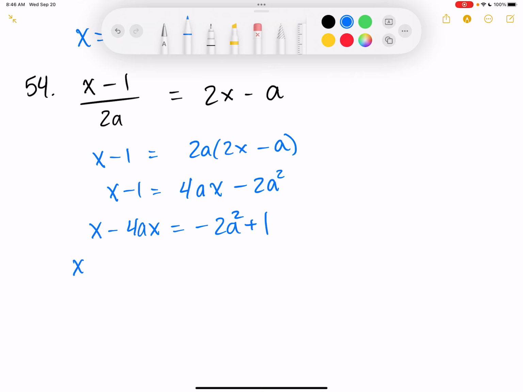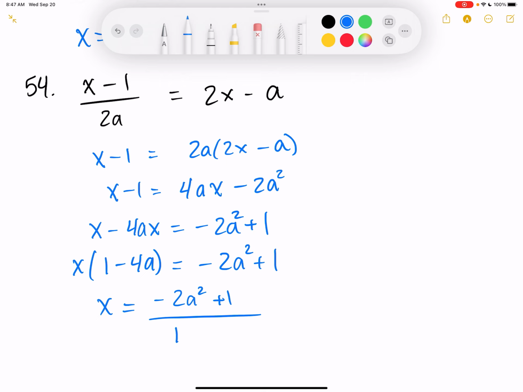So I'm going to have x times (1 minus 4a) is equal to negative 2a squared plus 1. And then now I can just divide by what's in parentheses. So x is equal to (negative 2a squared plus 1), all divided by (1 minus 4a).